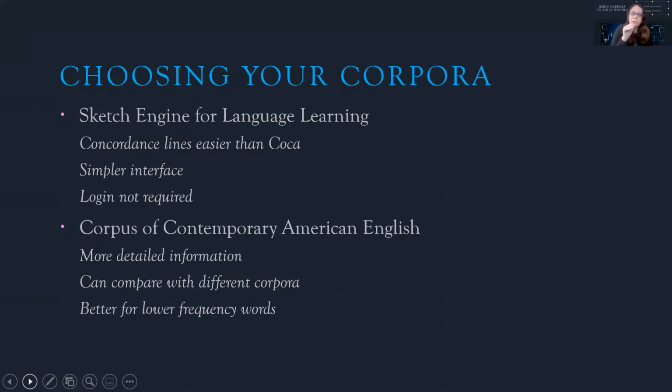Also, this works better to get examples for lower frequency words. SKELL is good for higher frequency words, the easier words, and it will give more information. But when you get to lesser frequency words, you can get concordance lines, but you can't get what adjectives are associated with it, or other things like that.